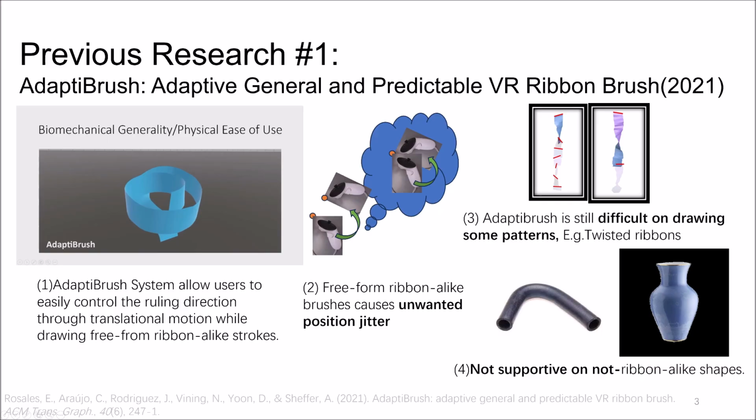However, freeform ribbon-like brushes suffer from unwanted position jitter as their orientation is coupled with the trajectory, making it difficult to maintain stable control during drawing. Furthermore, continuous changes in rolling direction are hard to control, leading to failures when attempting to draw twisted ribbon shapes. Such ribbon-like brushes cannot support the drawing of watertight shapes, such as those shown in Figure 4.